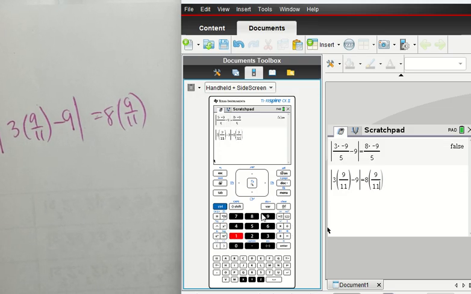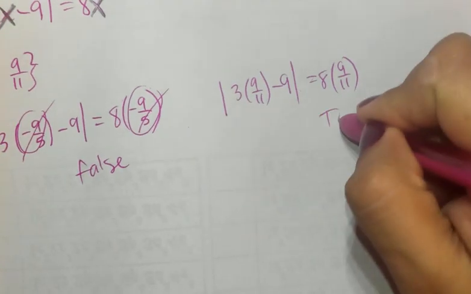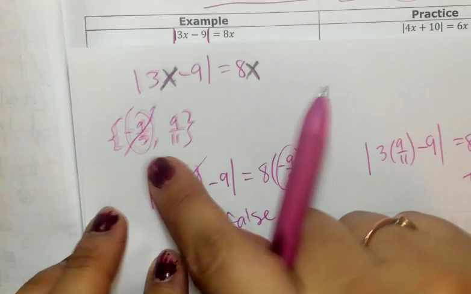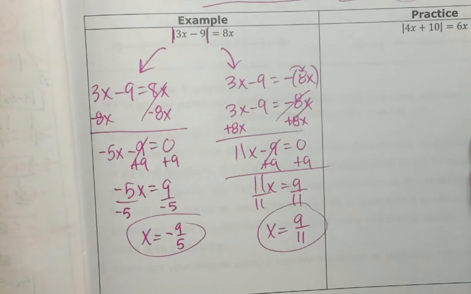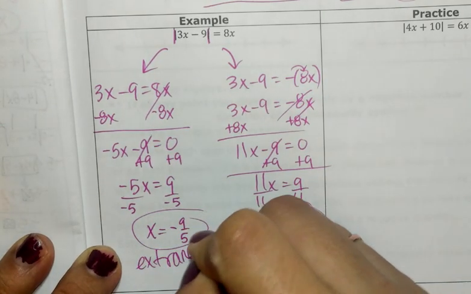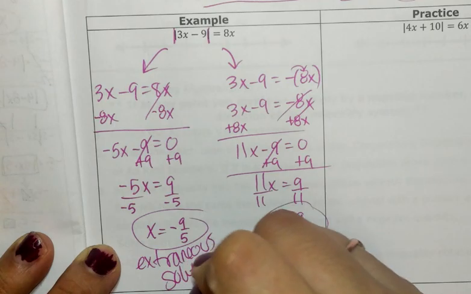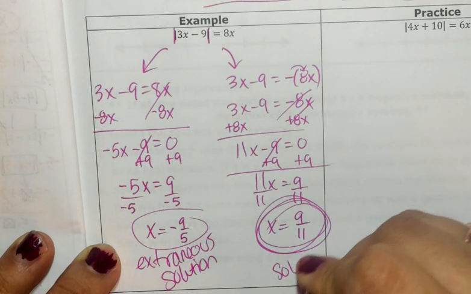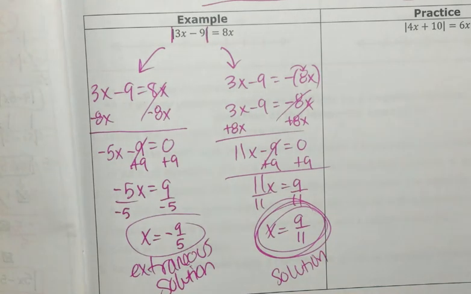And that one's true. So this one was proven to be true, and this one was proven to be false. So negative 9/5 is your extraneous solution. And then this is the solution. Okay, hope this video helps you understand how to identify extraneous solutions.